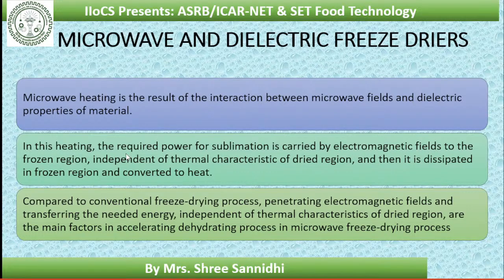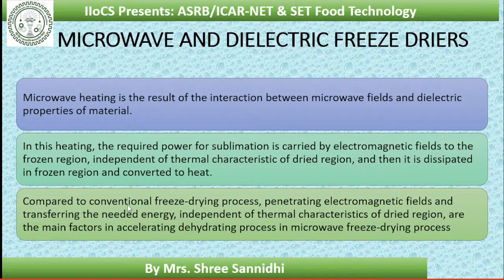In this heating, the required power of sublimation is carried by electromagnetic fields to the frozen region, independent of the thermal characteristic of dried region, and then it is dissipated in frozen region and converted to heat.